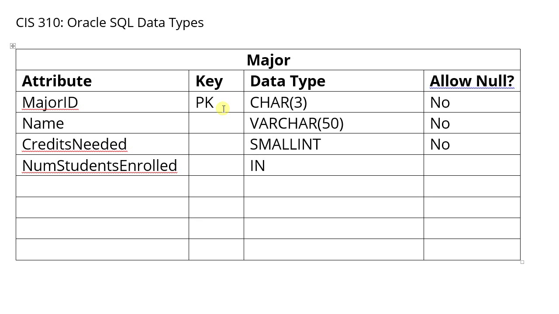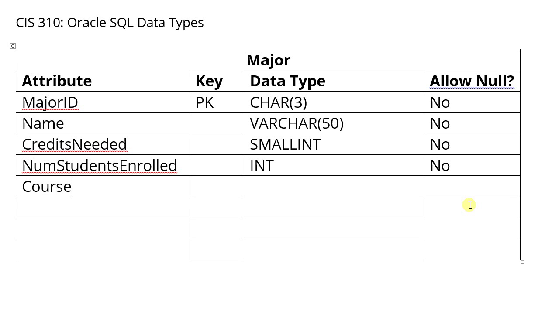That's why I'm going to choose an int for this, because an int will allow me to have a value between roughly negative 4 billion to positive 4 billion, and so that's safer. Yes, it takes up more space than a small int, but we're prepared better for the future, and we will not allow null values there either.